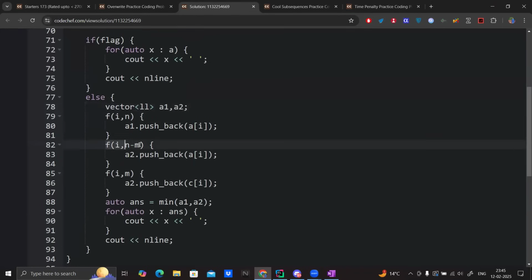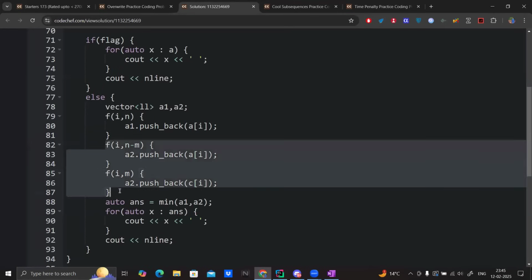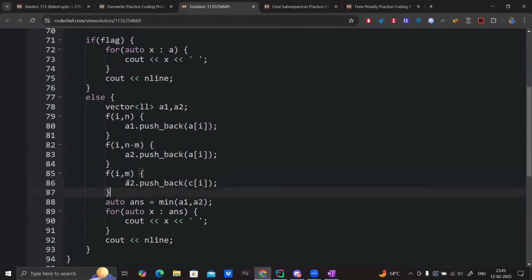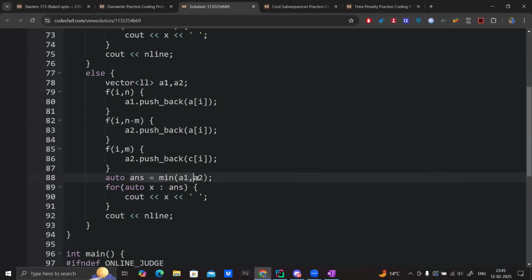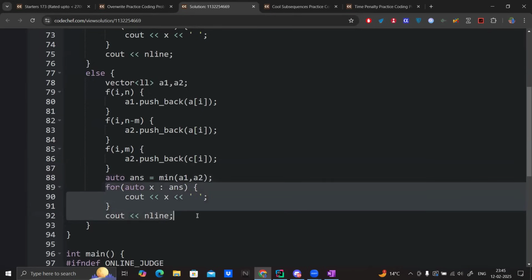The first n minus m elements would be from a1, from the initial input a, and the last m elements would be the c array. So this a2 is when I apply c at the end, and ans is equal to min of a1 comma a2, the smaller one. So I just printed the ans.